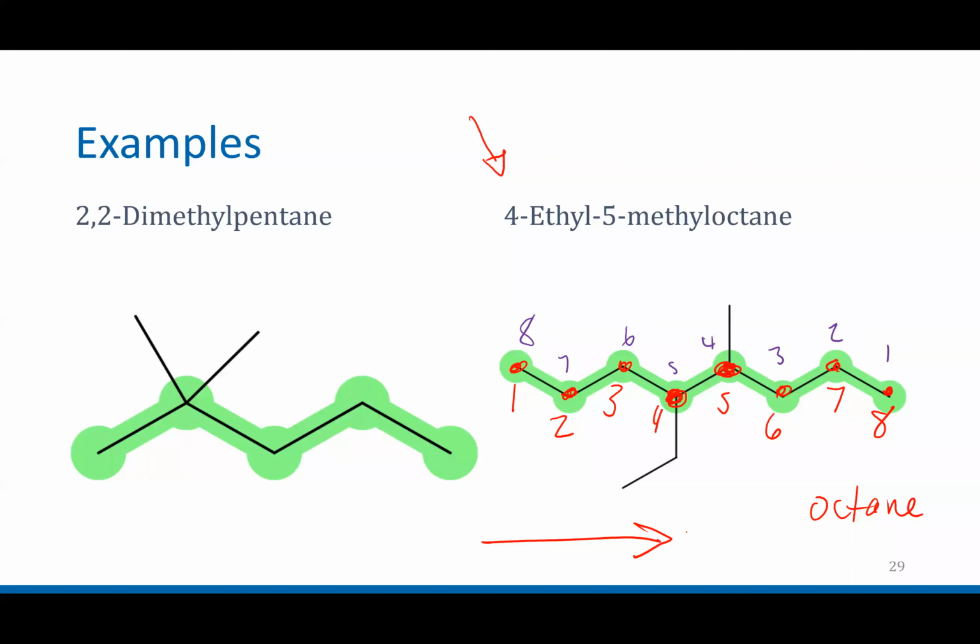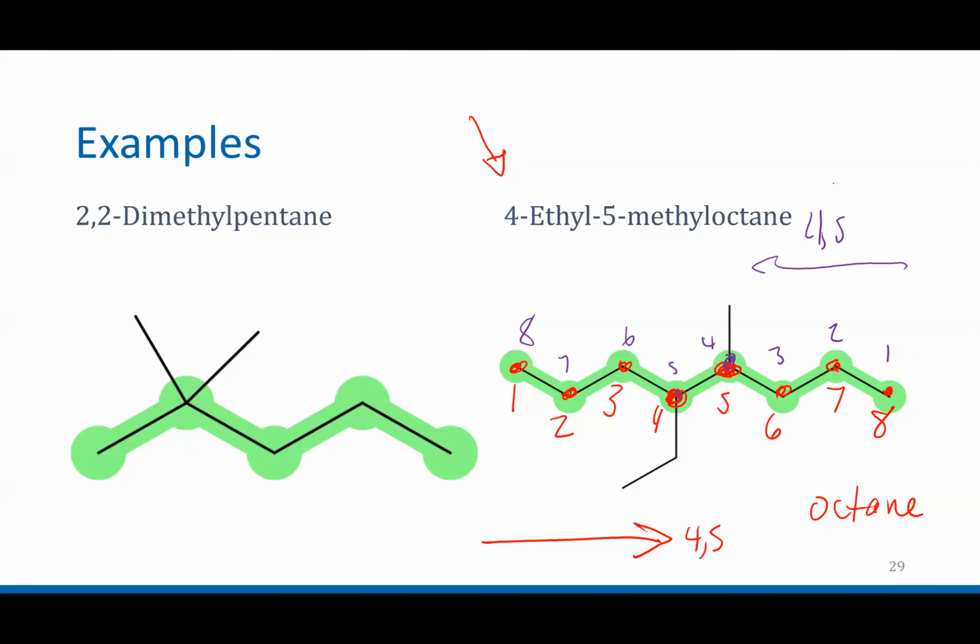So I'm getting 4 and 5 as my substituents or my branches. If I start going the other way, I get 4 and 5 as well. So really, following my rules, it doesn't matter which way I number this chain. I can go left to right or right to left. I'm still getting 4 and 5.